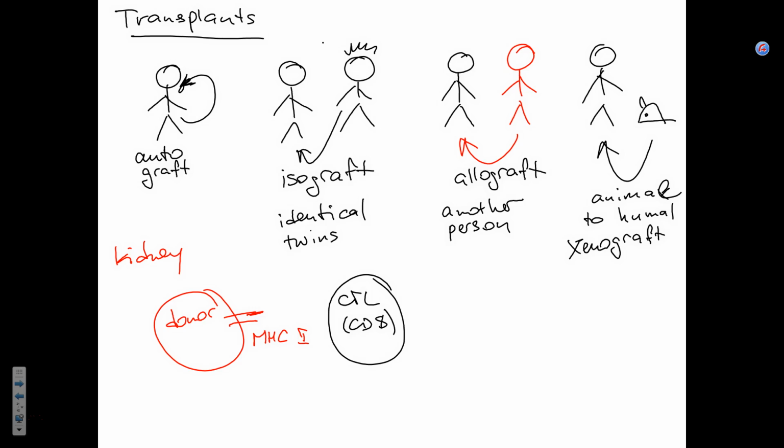It recognizes MHC class 1, which turns out to be foreign, and starts to kill it. This is an oversimplified idea, okay? But the point is that this rejection mechanism is mediated by your own T cells. It's T cells that recognize MHC molecules on the surface of the transplant as foreign and start to attack the transplant. Does that make sense?